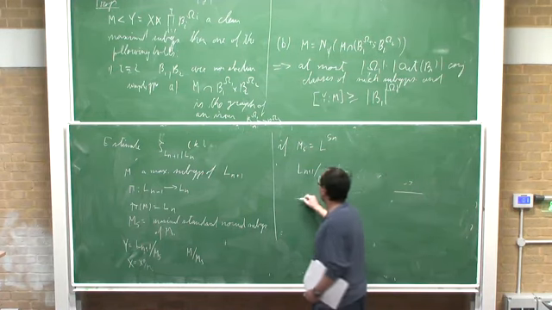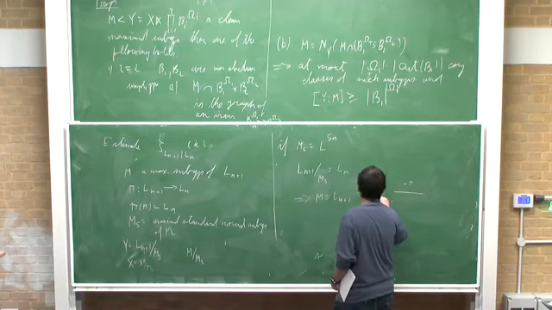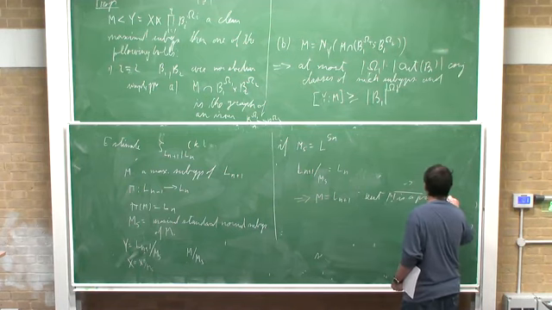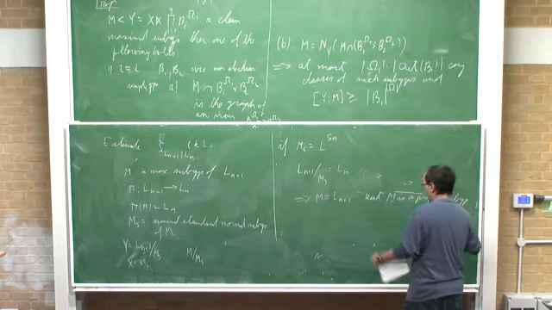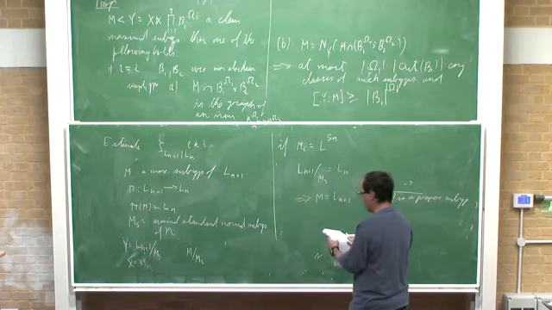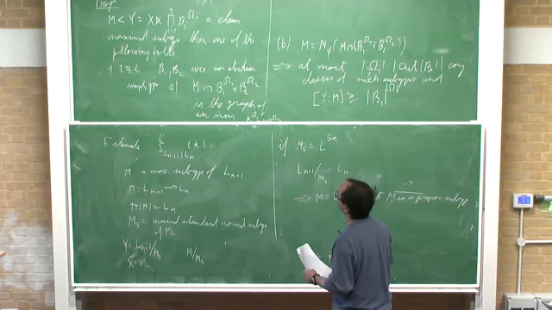This would imply that M will be equal to L_{n+1}, but M is proper. Okay, so we are in the situation at the end, and now we just need to look at the contribution.